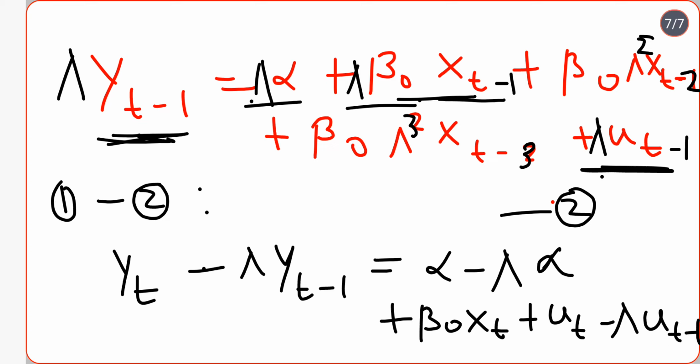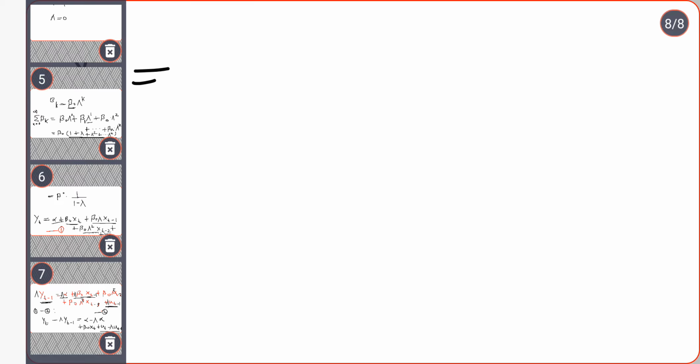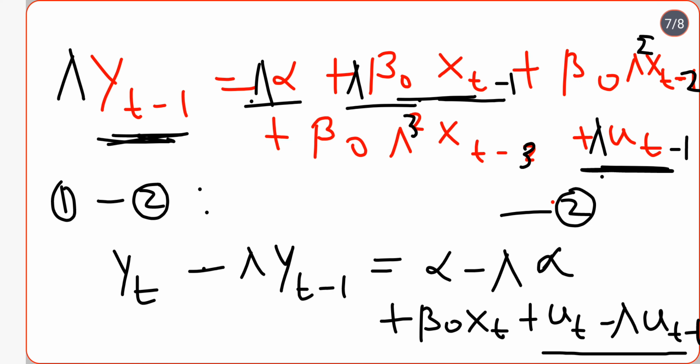Okay, now this ut minus lambda into ut minus 1 can be represented as vt. So if I write it in the general form, I can write it as yt. I am just going to put yt on the one side and yt minus 1 on the other side, lambda into yt minus 1 on the right hand side.